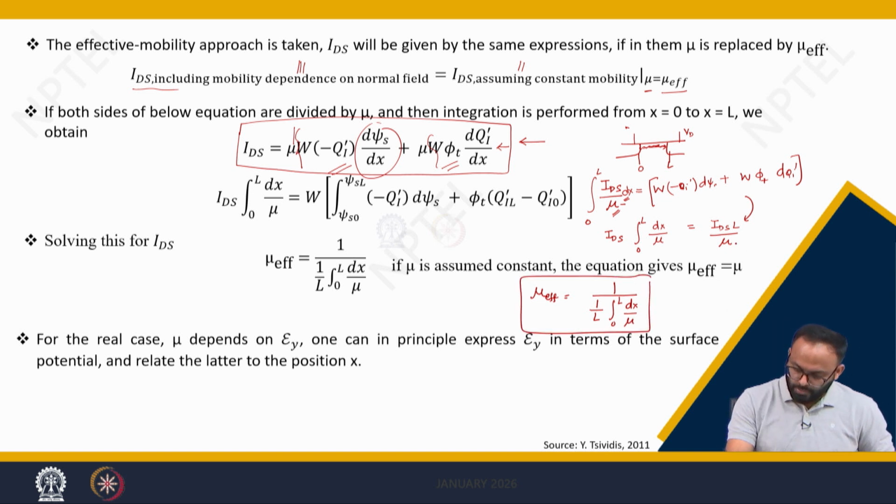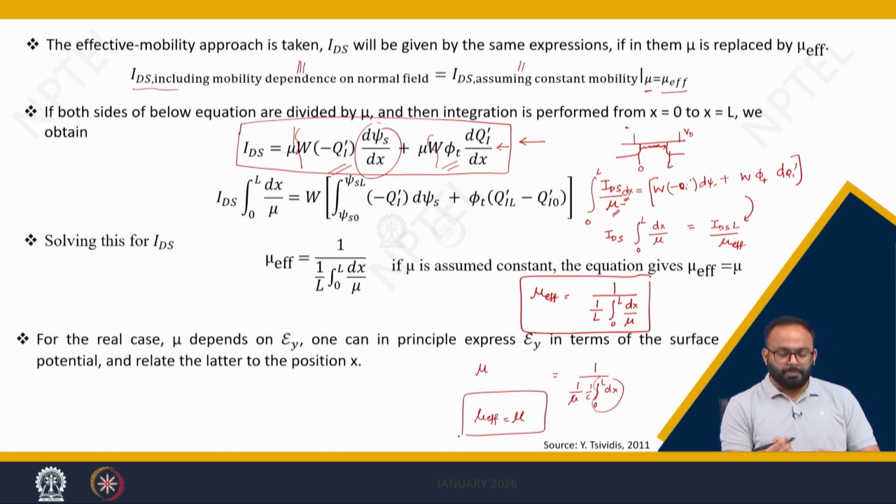So, this is mu effective. Just do a quick check. If we consider mu constant, take it out from the integral, you are left with 1 over mu times the integration of 1 over L from 0 to L dx. This will give you L, and the L cancels, so ultimately mu effective will be mu. So, this is a simpler approach which helps us introduce the effective mobility concept in our drain current equation, which we have already derived earlier.